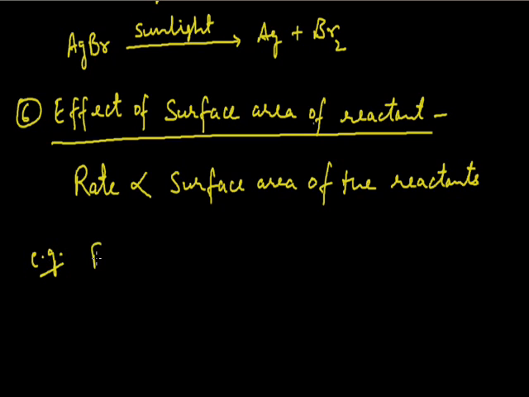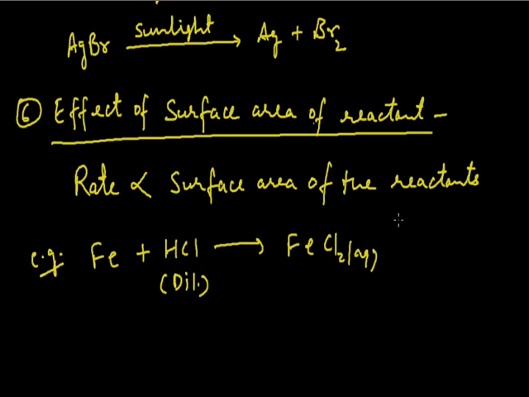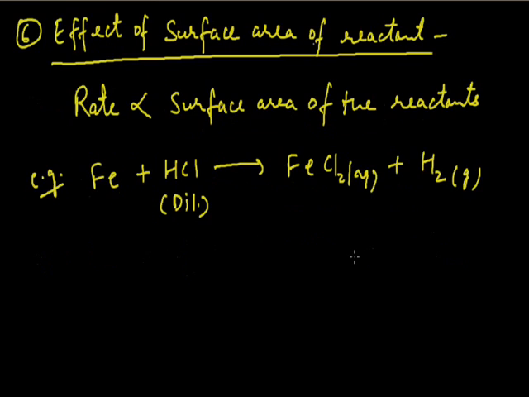Just for example, iron reacts with dilute hydrochloric acid. The product formed is FeCl2 aqueous, that is ferrous chloride, and hydrogen gas is released. In this case, if metal is in powdered form, then the reaction will take place more rapidly than when taken in a ribbon form.